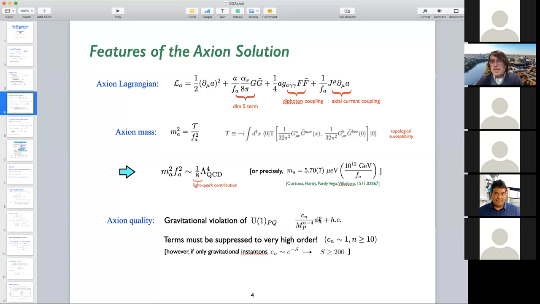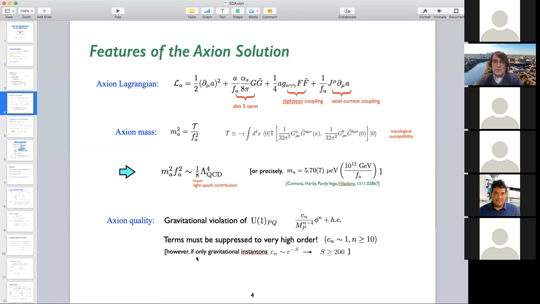And you can imagine that this n starts at like 5 or 6, but if you actually put in 5 or 6, you find that the axion solution is destroyed. And in fact, you have to go all the way out to n greater than 10, so phi to the 10th. So that's a large suppression that's needed, and you have to find a way to engineer that.